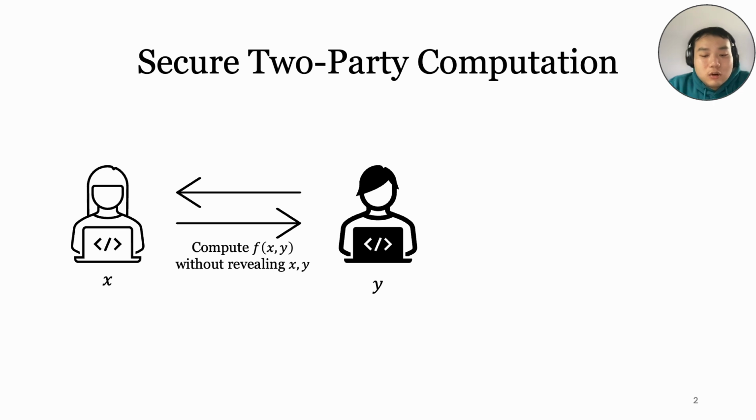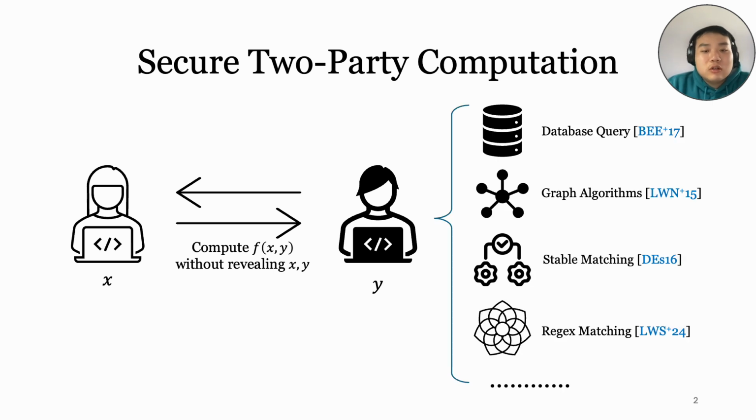Typical secure two-party computation protocols like garbled circuits and the GMW protocol consider the public function f as a Boolean or arithmetic circuit, and then evaluate the circuit gate by gate.